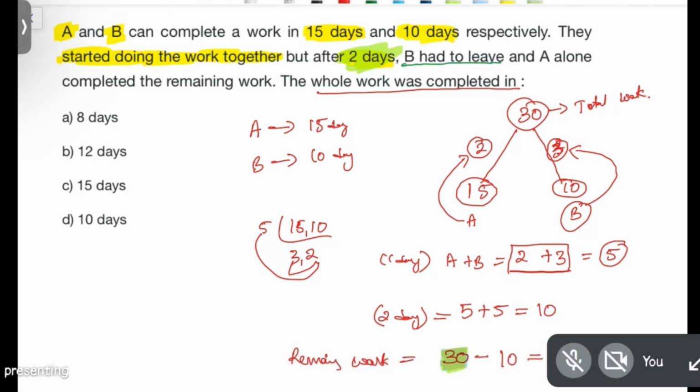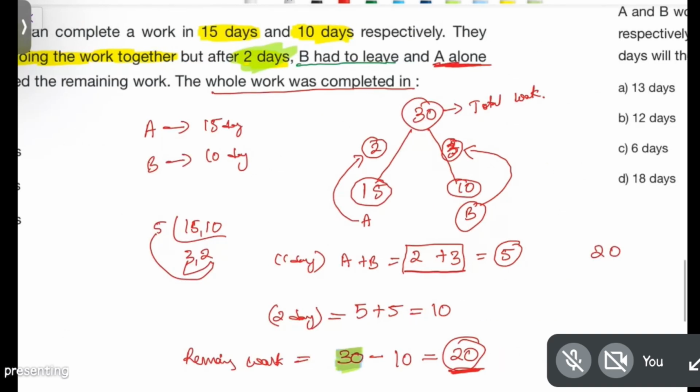And we know that this remaining 20 works has to be done by A alone. So the 2 days are done, I'll just keep it in mind. Plus, this 20 pieces of work is done by A. I'll write in words so that you can understand later.